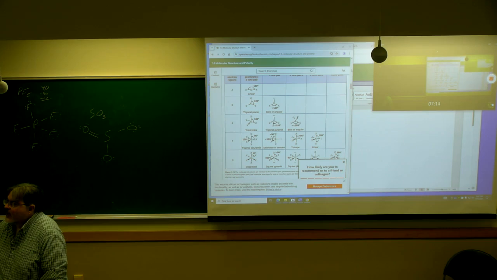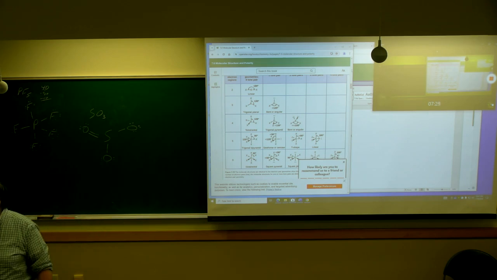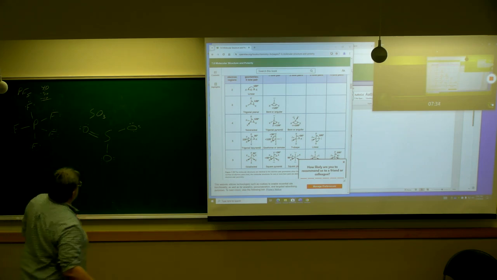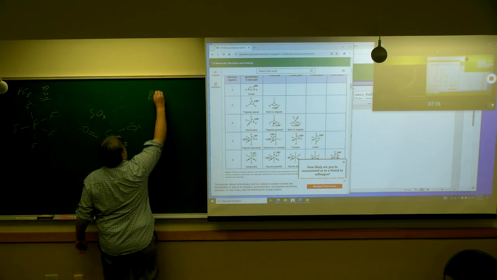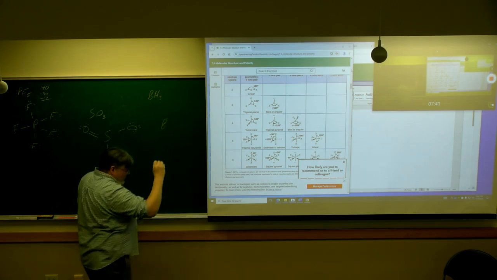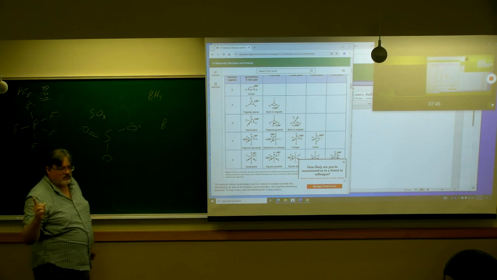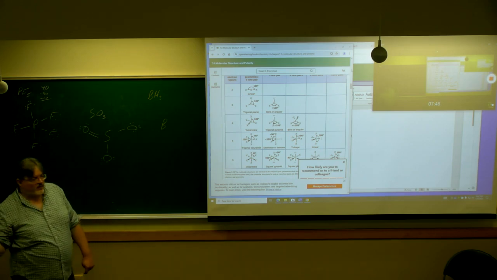Other exceptions to the octet rule: hydrogen is only ever going to have 1 bond to it, so it's only ever going to have 2 electrons around it at most. Boron is only going to have as much as 6. So those are less than 8. Let me just do BH3. How many valence electrons for boron? 3.